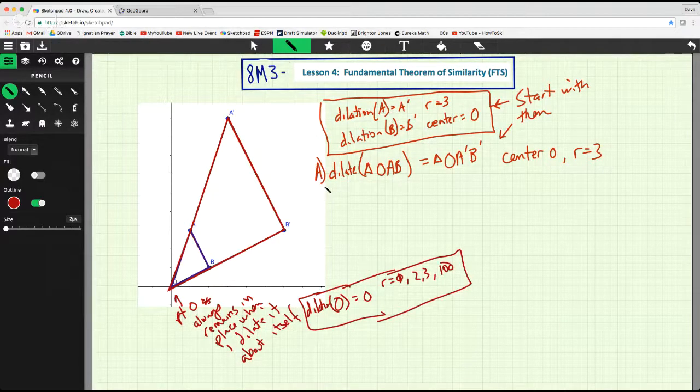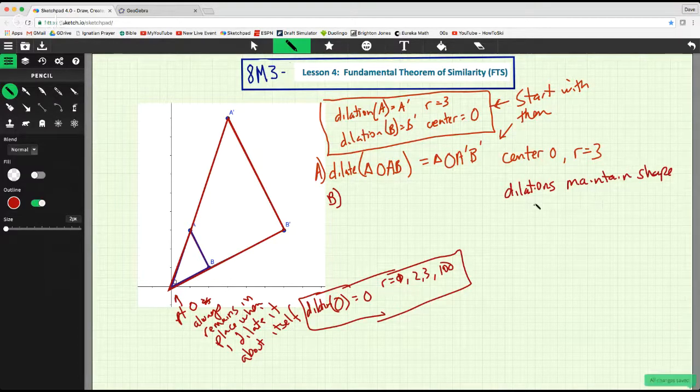Okay, now step number 2. Remember that dilations maintain the same shape. Remember back to earlier in this unit, in lesson 1 or 2, that dilations maintain shape.